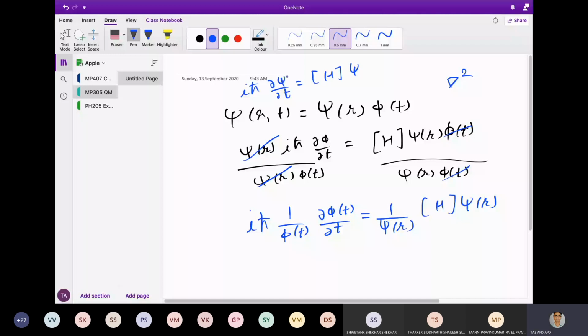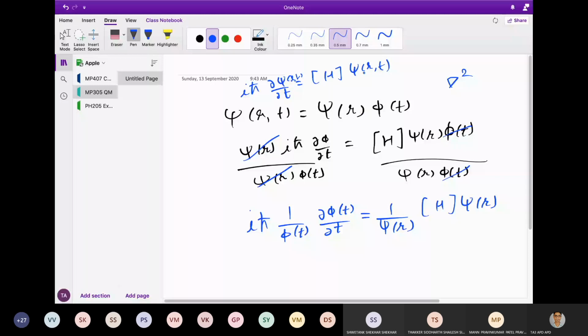So what we were doing was that we wanted to substitute this in this equation. When you substitute psi equal to psi as a function of r into phi as a function of t, you have psi taken common out because we are differentiating with respect to time. So you will have only ∂phi/∂t. And on the right hand side, you simply replace psi(r,t) by these two functions.